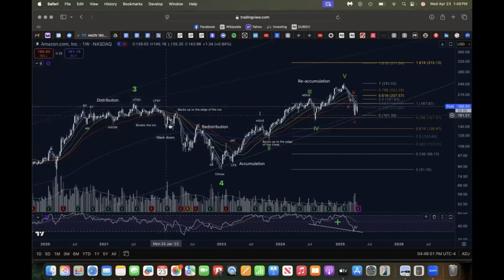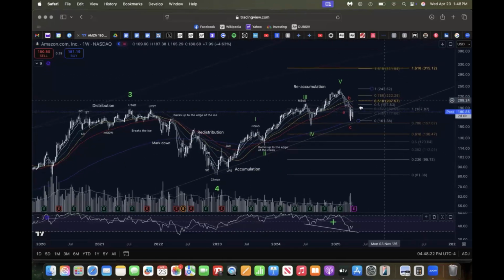Institutions go short, and we see a markdown process, redistribution down into this accumulation structure that comes out into a new markup campaign marked by signs of strength and back tests. This is the hallmark of an uptrend and of a markup campaign. This is what it looks like.